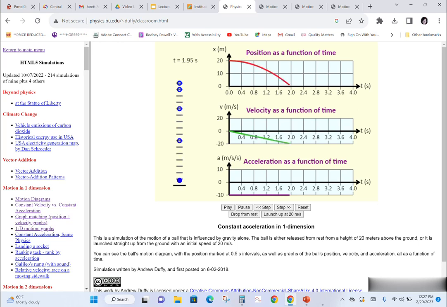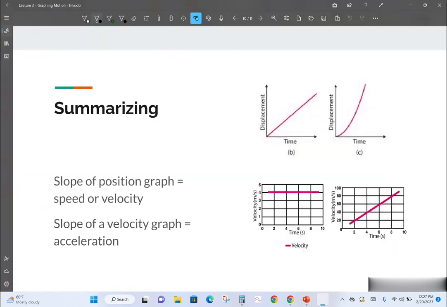So if the position graph is linear, the velocity graph will be flat.